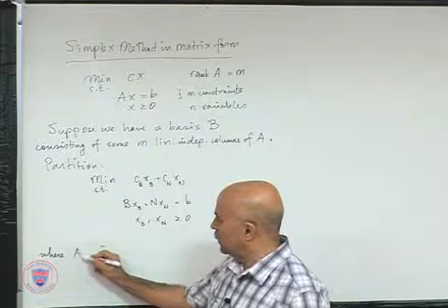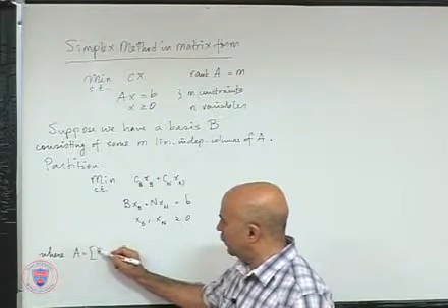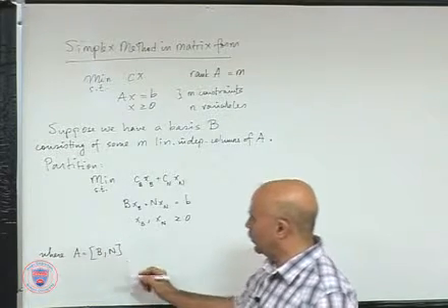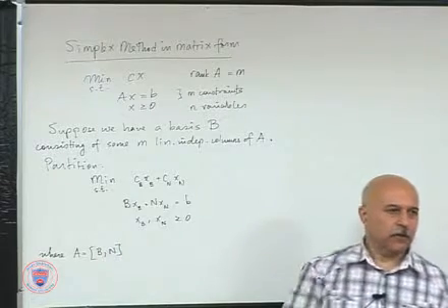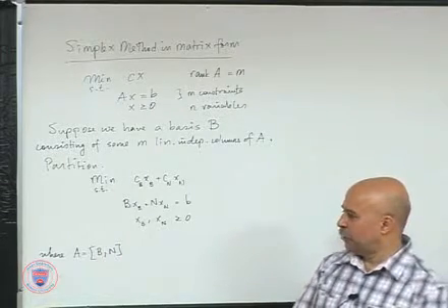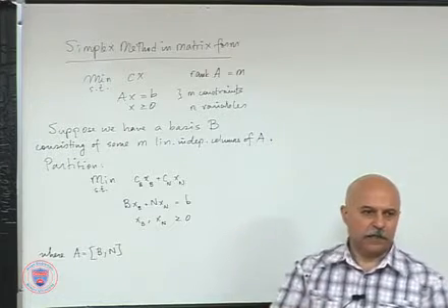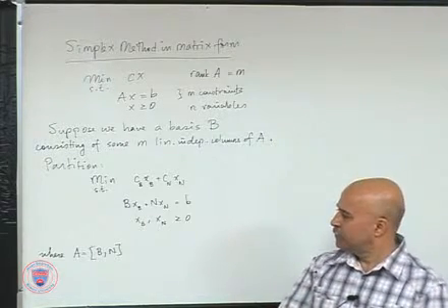So what we did is we partitioned A in the form B and N, where the basic columns are put on the left front portion of the A matrix with column reindexing as necessary.